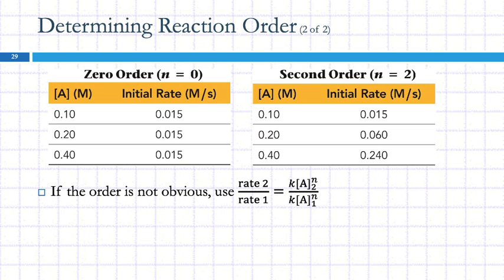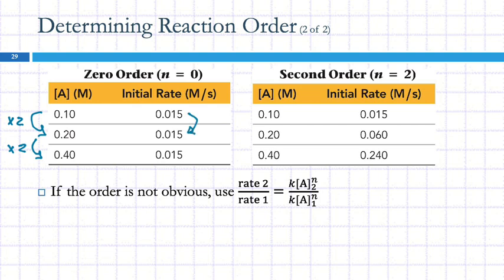Okay, so here are 2 other examples. This one is 0 order. They're just telling it to us off the top. So here, again, they're doubling the concentration of A, going from here to here, times 2, from here to here, times 2. And what happens to the rate?